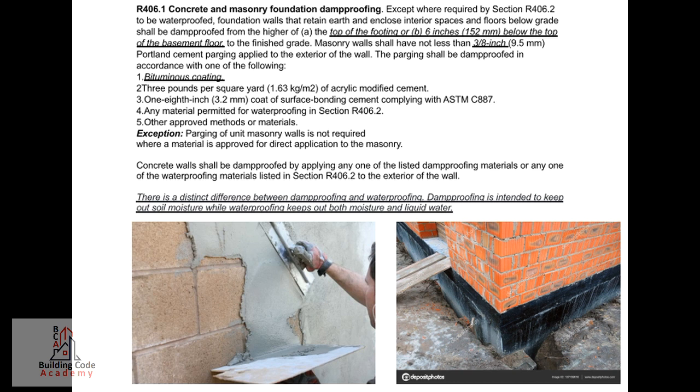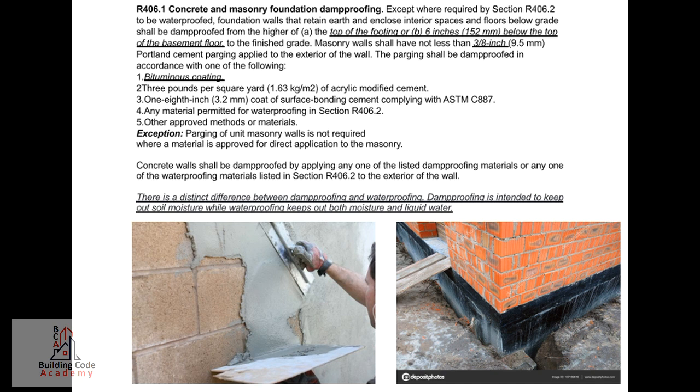Masonry walls shall have not less than 3/8 inch, 9.5 millimeters, Portland cement parging applied to the exterior wall. The parging shall be damp-proofed in accordance with one of the following. 1. Bituminous coating. 2. 3 pounds per square yard, 1.63 kilograms per square meter of acrylic modified cement. 3. 1/8 inch, 3.2 millimeters, coat of surface bonding cement complying with ASTM C887. 4.